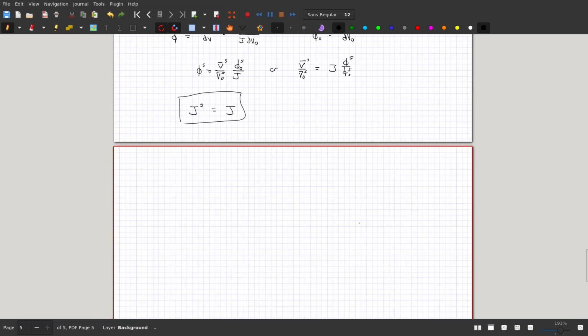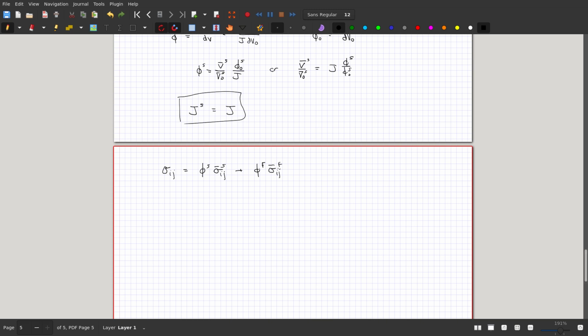And then the other thing is, in mixture theory, we have the total stress is equal to the volume fraction of S times what I'll call sigma bar S ij plus the volume fraction of the fluid times the fluid stress.